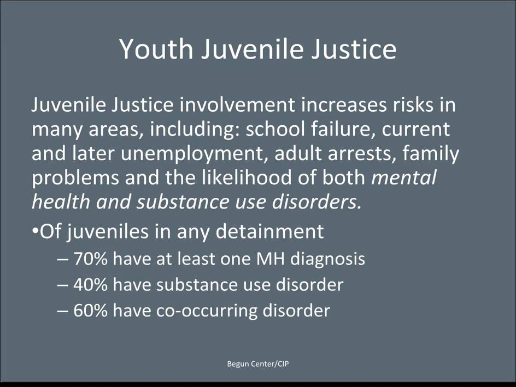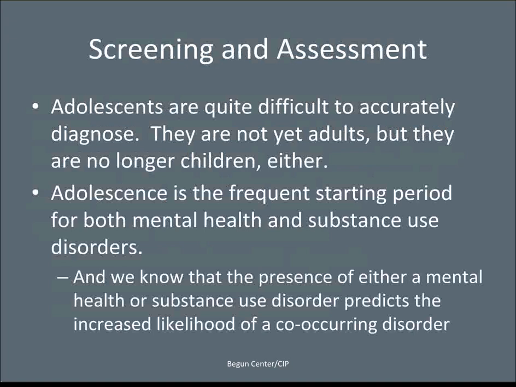And when we combine those two, 60% have a co-occurring disorder. So over half of every kid who is in detainment for any reason, over half have a co-occurring disorder, both sides of those issues going on. So, all right, there are our lies, damn lies, and statistics.